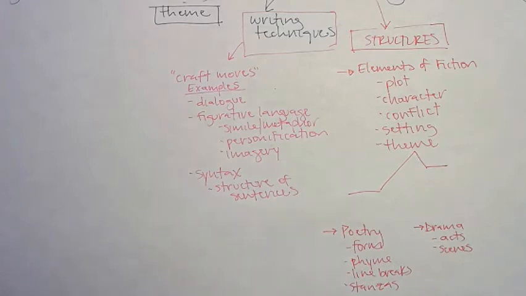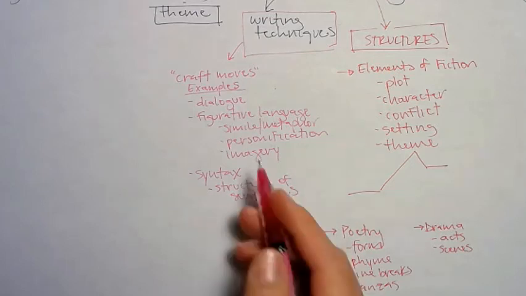Are they long and complex? When a writer, for example, puts together very long flowing sentences and then hits you with a very short fragment, even, that has an effect. As the writer, you need to know about this because this is how you control your audience's experience. So syntax is actually quite important, and we won't go too deep into it, but I just want you to understand that authors make choices about the length and the complexity of their sentences in order to have a specific impact on their reader. So the structure of sentences is important.